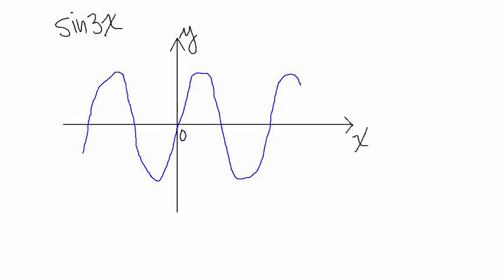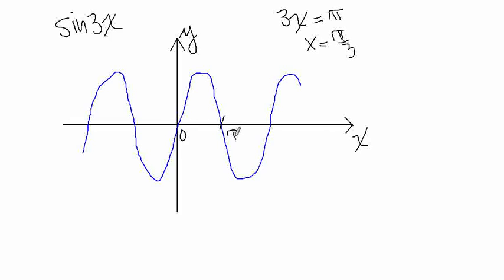So for example, if 3x was equal to pi, then that would give an x-intercept. So that occurs at pi over 3.